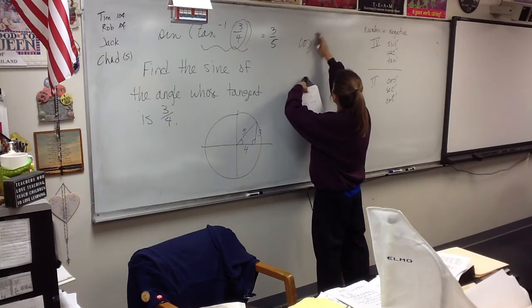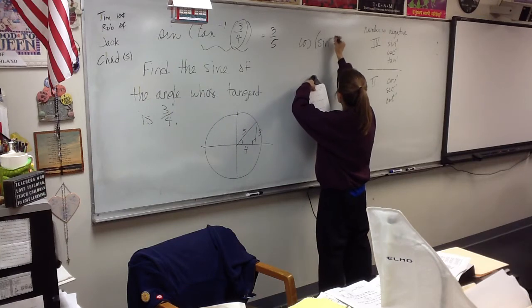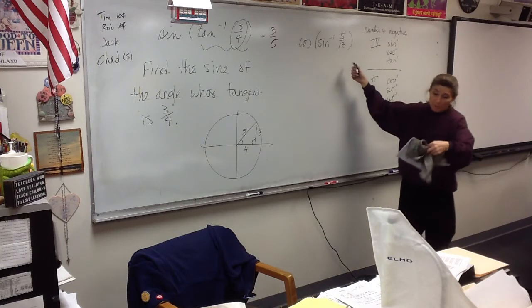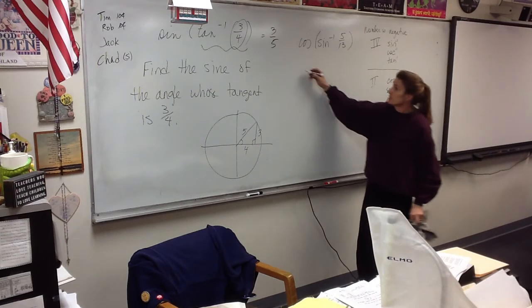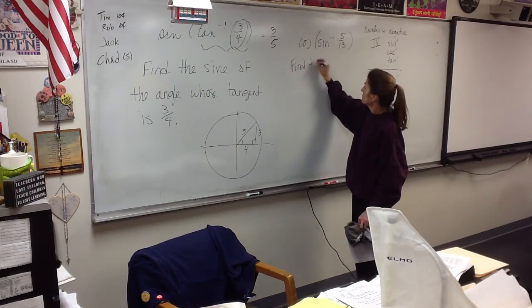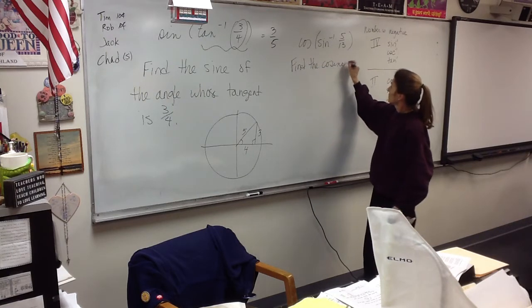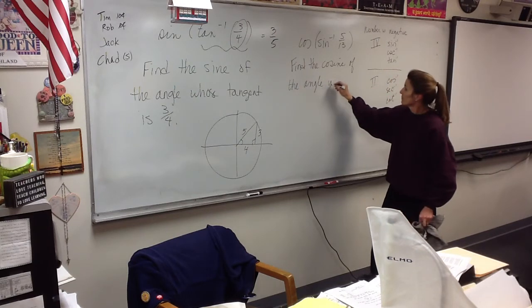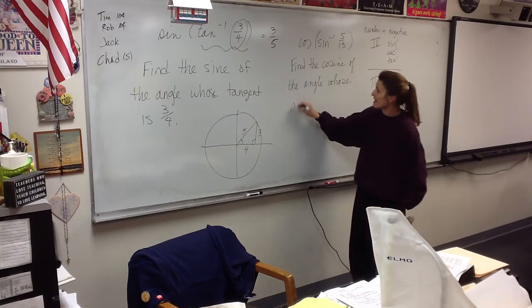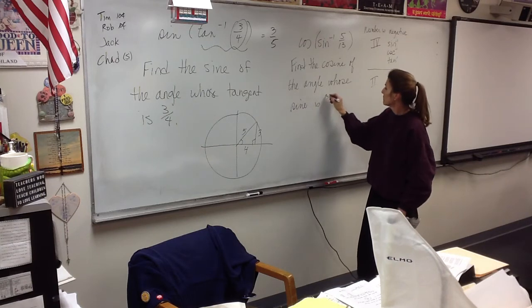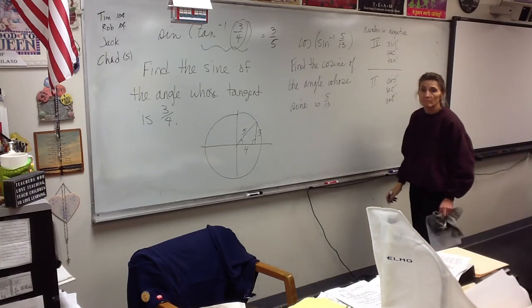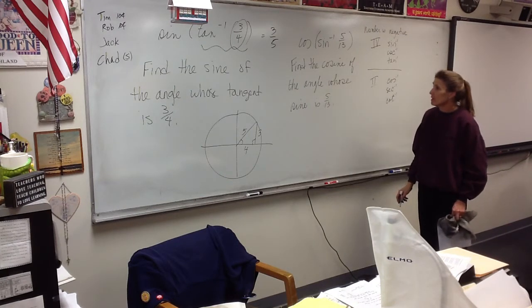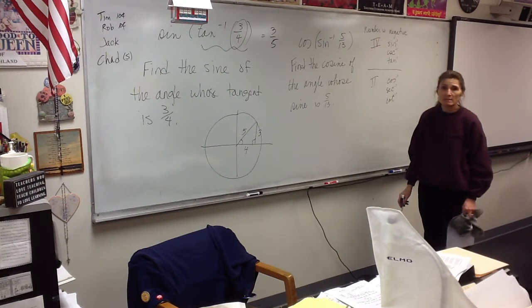Oops. I will write this out one more time. We're doing problem B now. This says, find the cosine of the angle whose sine is 5/13.